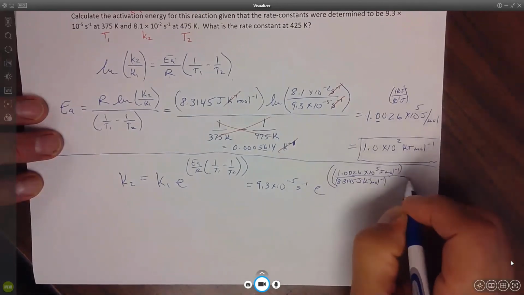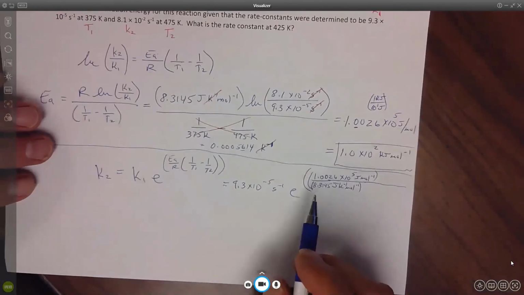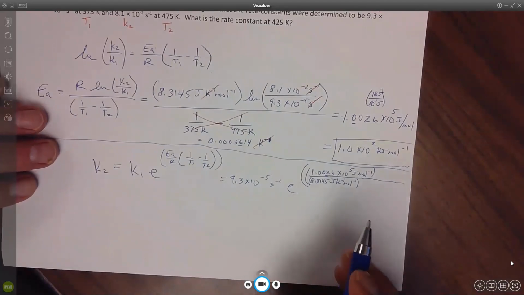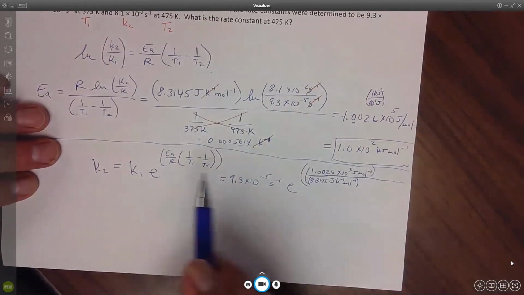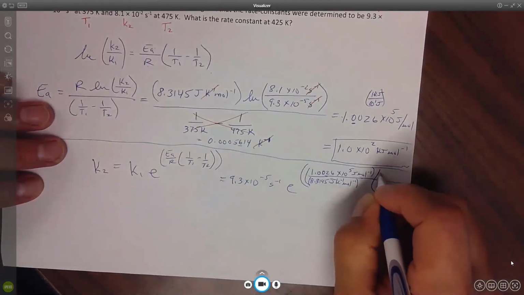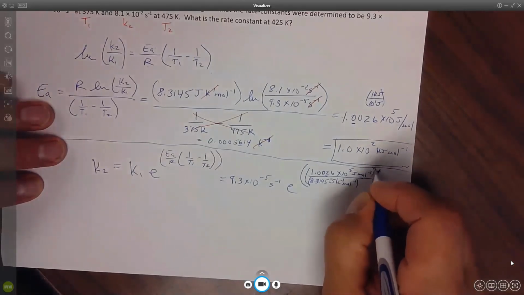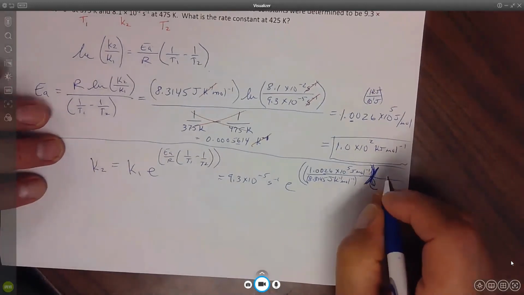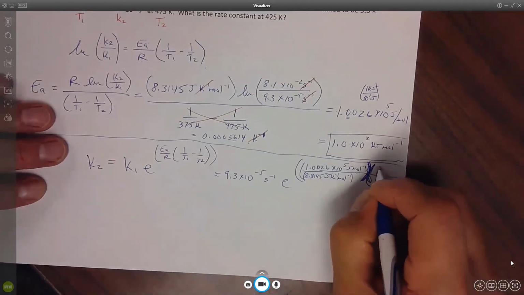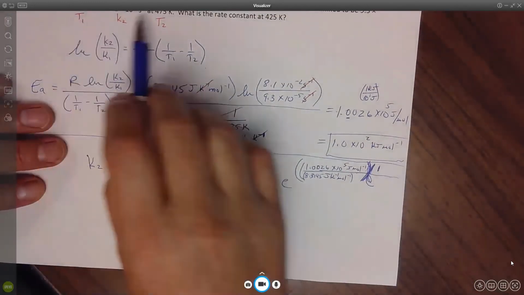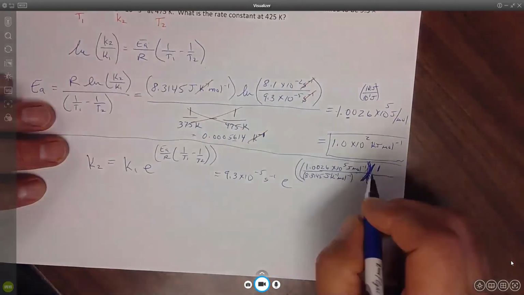Then we multiply this entire thing by 1 over T1. T1 was our 375 Kelvin.